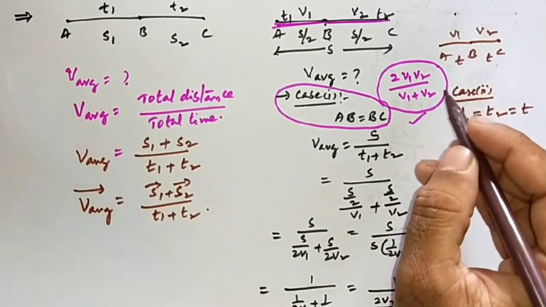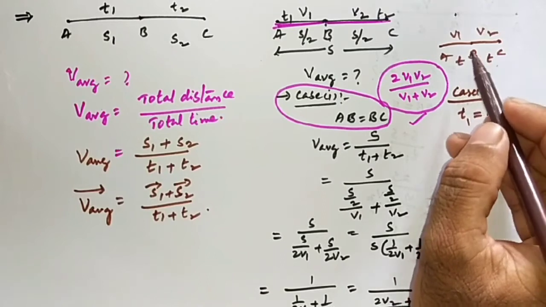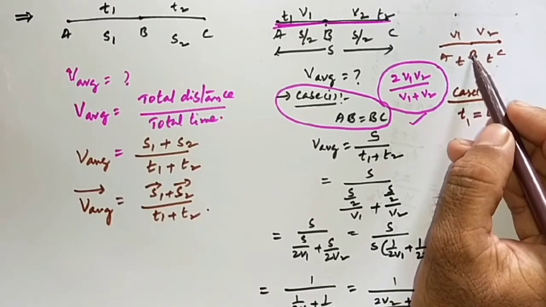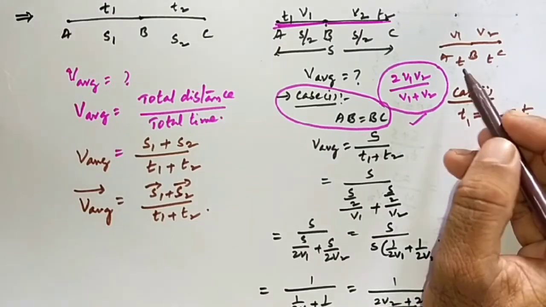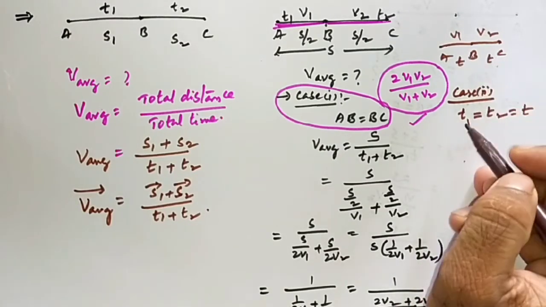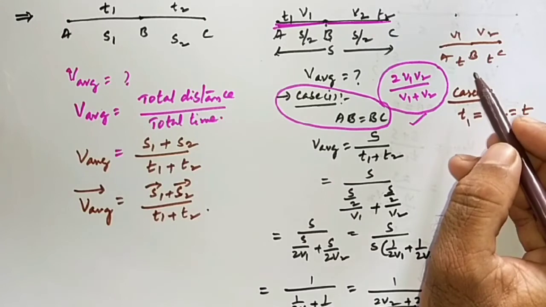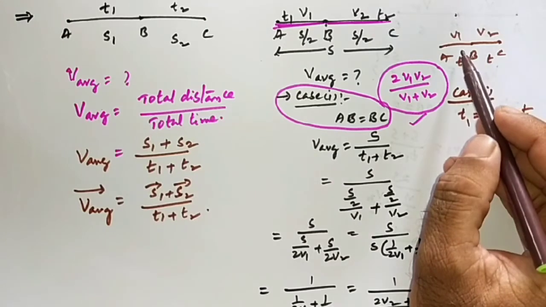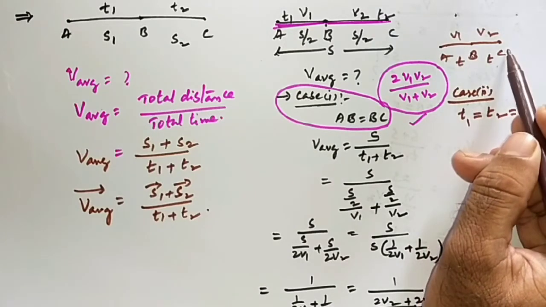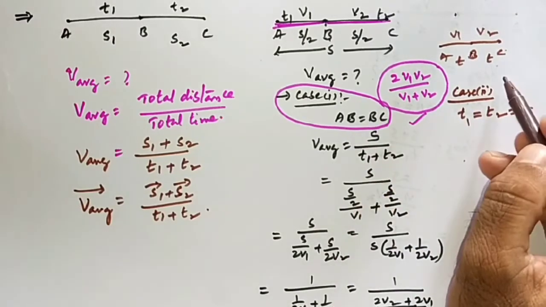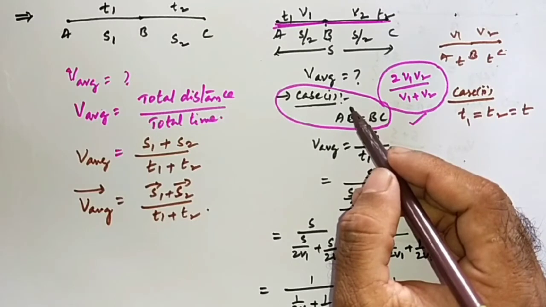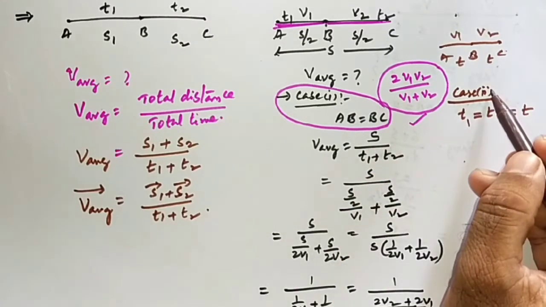We don't know information regarding distances. A to B, what is the distance? B to C, what is the distance? We don't know. It travels for equal intervals of time: first half of the time A to B, remaining half of the time B to C. This is equal distances, and this is equal intervals of time.